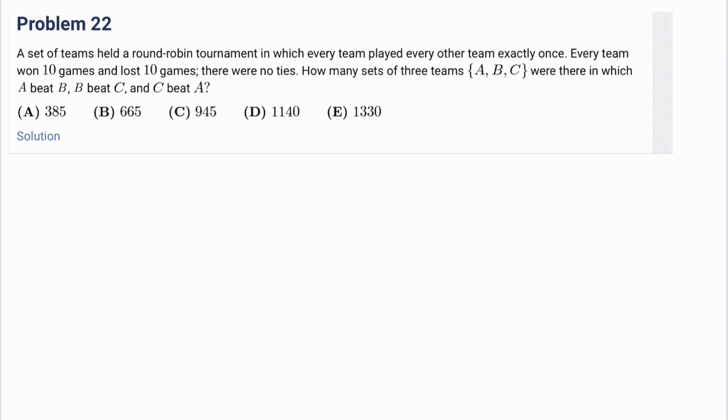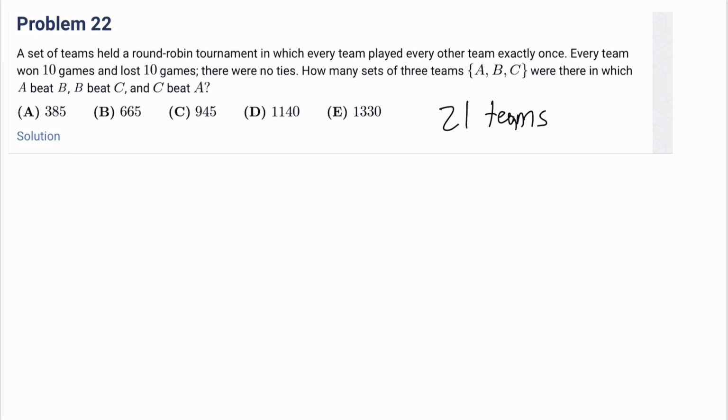Okay, so first of all, since every team won 10 games and lost 10 games, that means every team played 20 games, right? So since every team played 20 games, there were 21 teams in total, right?